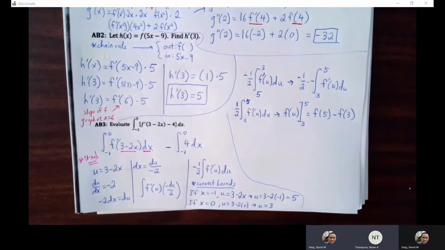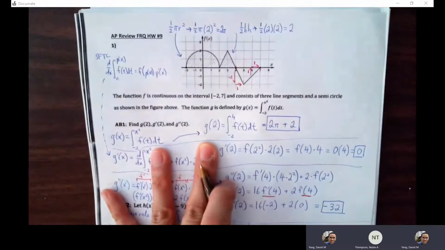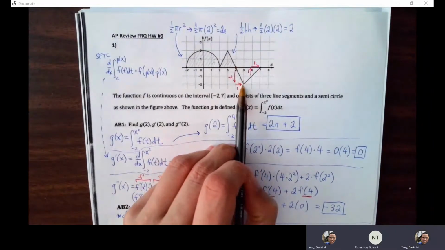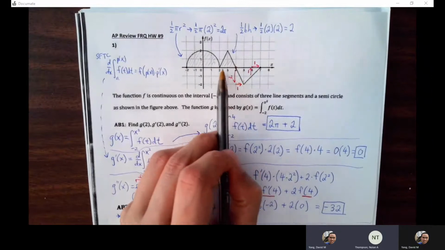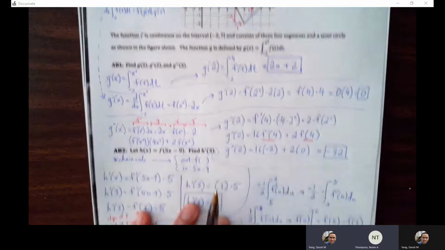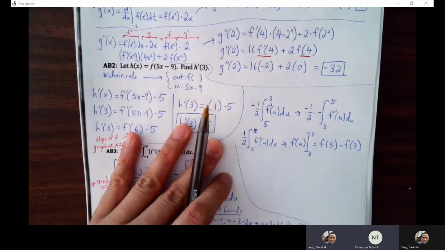All right, so we go to the graph. F of 5 equals -2, and F of 3 equals 2. So they just cancel out. Equals 0. Right? Let's see here.